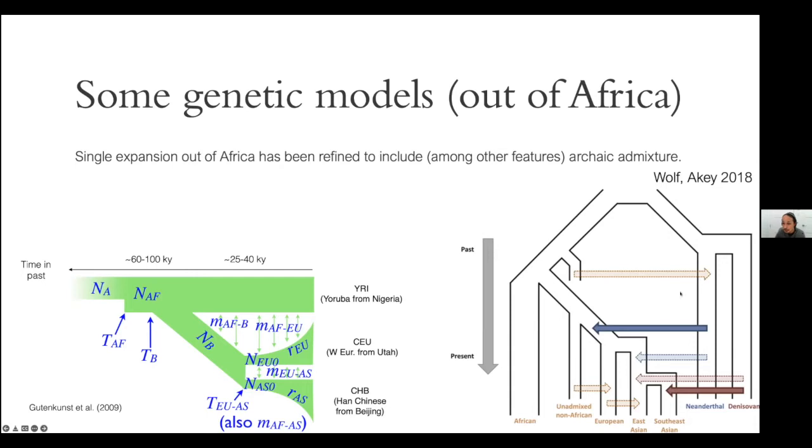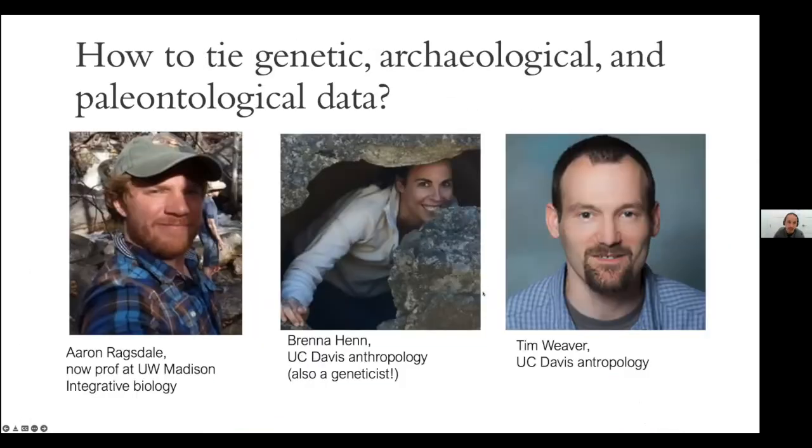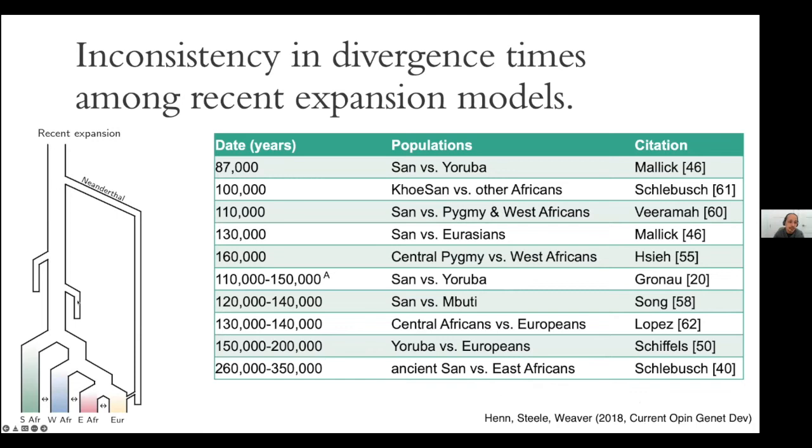If we try to build a model like this with pipes and arrows, it could look like the one on the next slide. We can imagine this Neanderthal branch admixing into Europeans, who are shown here. And maybe at the broadest strokes within Africa, we can consider populations living in South Africa, West Africa, and East Africa. Again, this is a vast oversimplification.